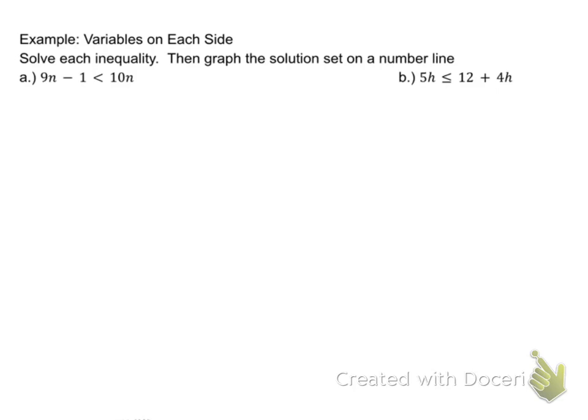One rule of thumb that always follow is move the smaller variable. That way I'm more likely to keep a positive variable, and I'm pretty much happier with a positive variable.